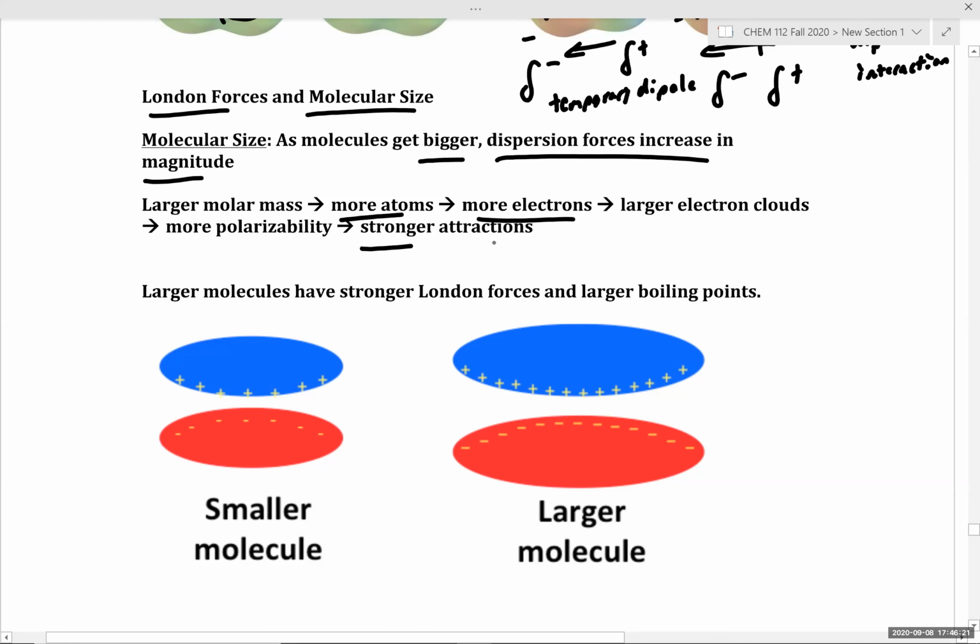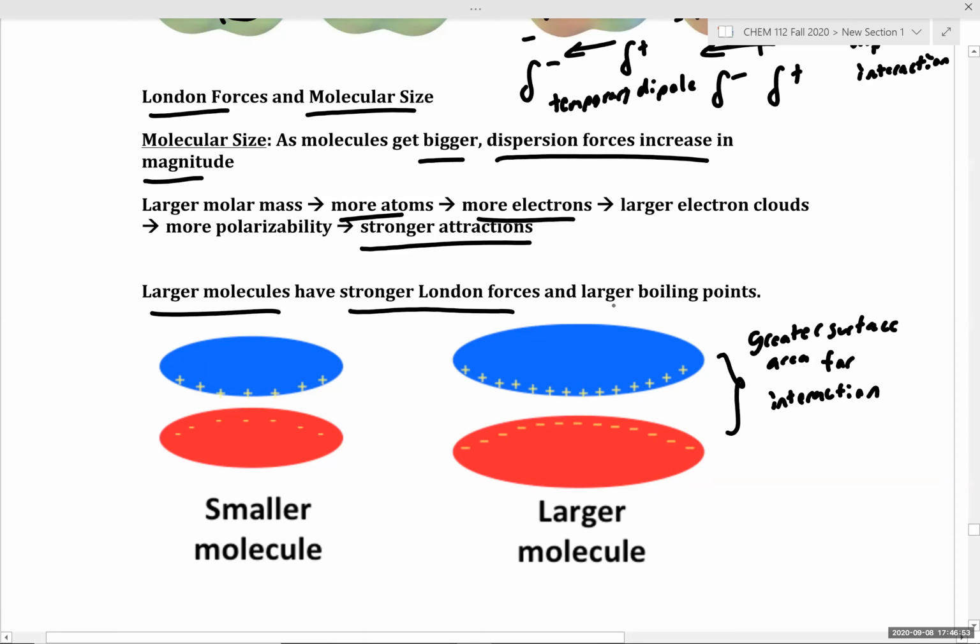And as a result, we have a stronger attractive interaction because in our larger molecule, we have a greater surface area for interaction, and we can engage in stronger London interactions. So larger molecules with more atoms and a larger surface area exhibit stronger London forces and have larger boiling points.